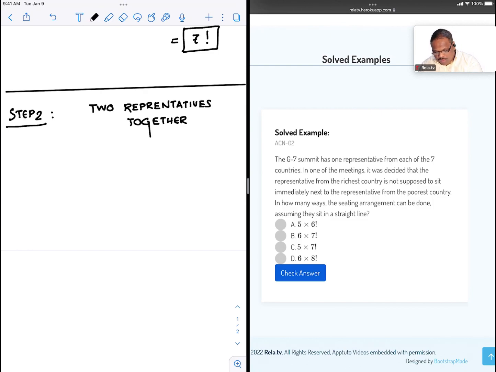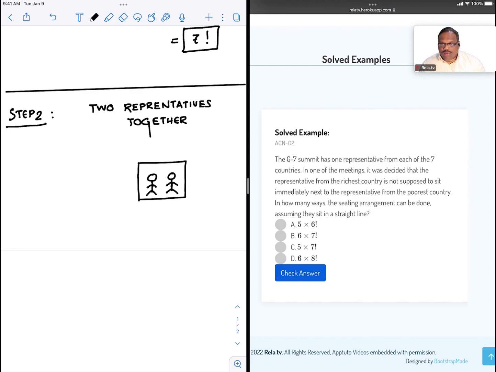One way is to create a container in which these two people are together, and we will not disturb this container. Who are these two people? One is the richest country's representative, and the other is the poorest country's representative.